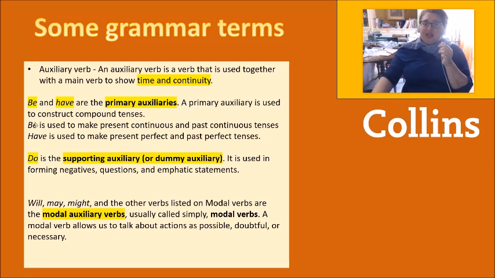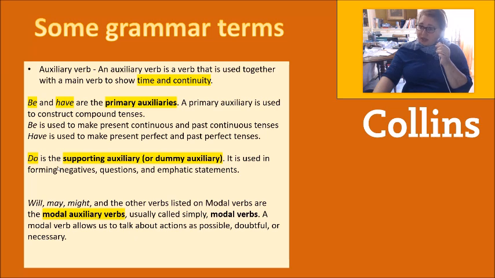In fact, if I have to form a question with be, I'll say, am I going to the market? Am is in the first position. Or with have, have you already done your homework? Have is in the first position. But now let's imagine having to form a question with the verb play. You don't say, play you tennis, because there's no auxiliary there.